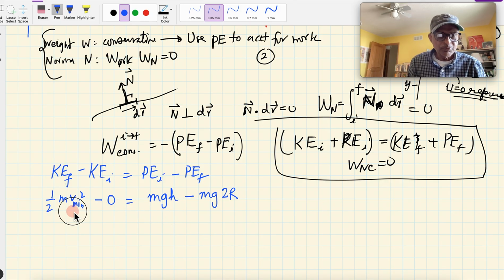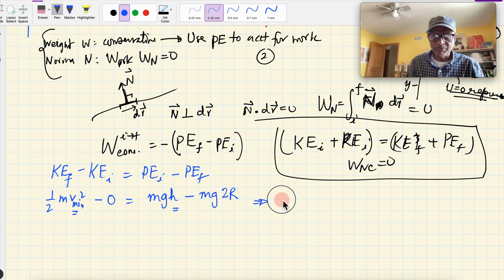So if I know v min, I can get h. Let's write down the m's. As I was saying, m cancels out, and we can write gh equals half v min squared plus g times 2r.